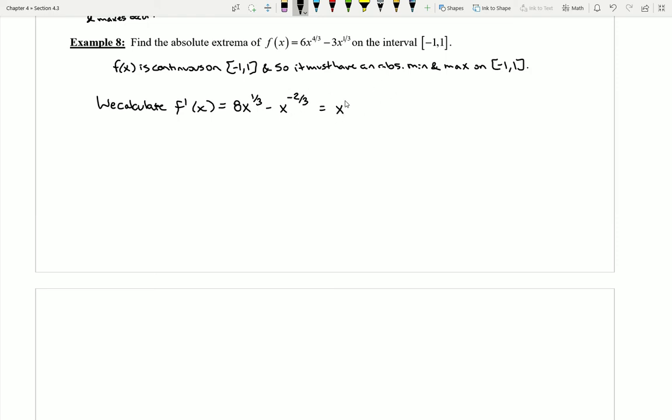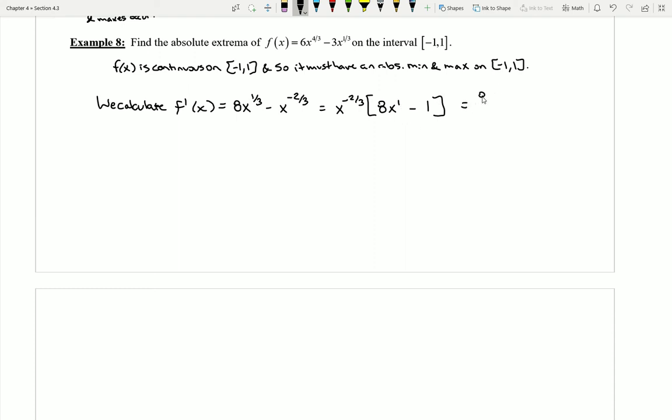Let's go ahead and factor out that negative power, just like we did on the skills check, and think about what power of x we're going to need remaining over here. Well, remember that when I distribute this, my -2/3 power is going to add to this mystery exponent, and it should produce the value of 1/3. So what would the value of my mystery exponent need to be? Well, it could probably just be the value of 1.